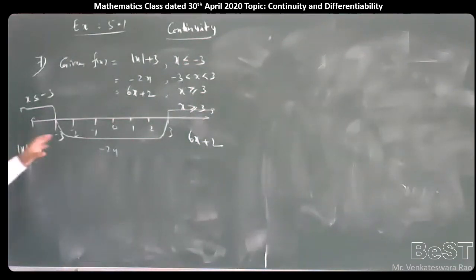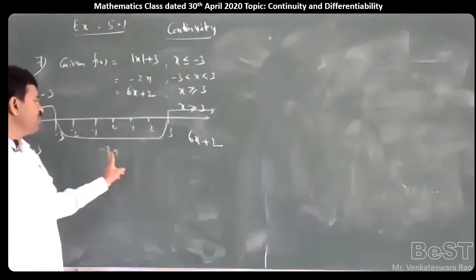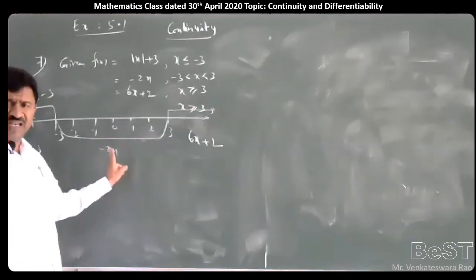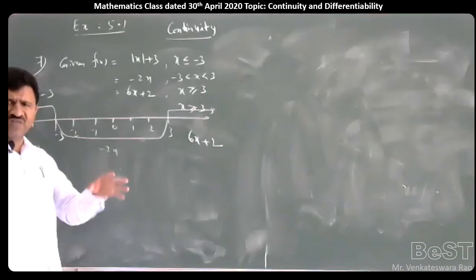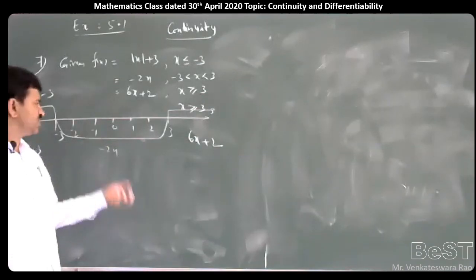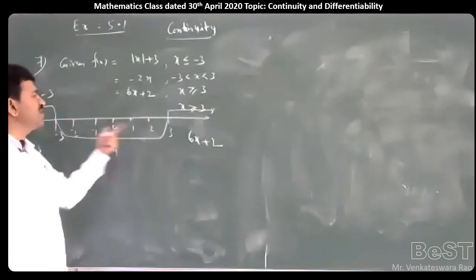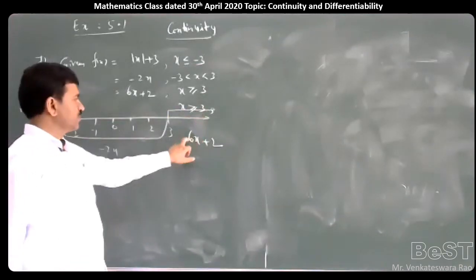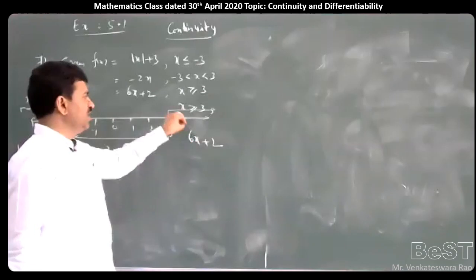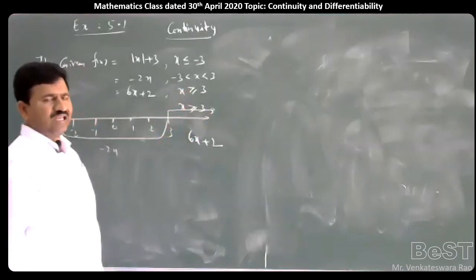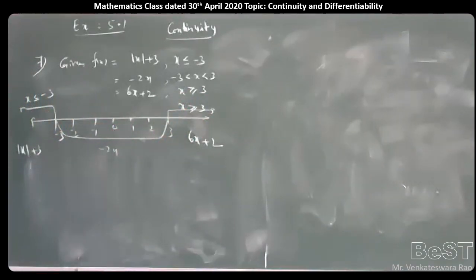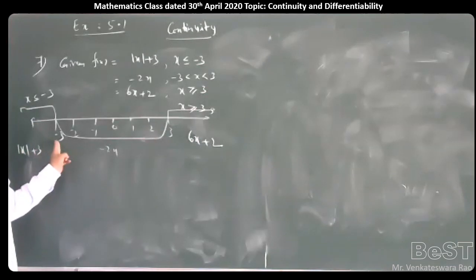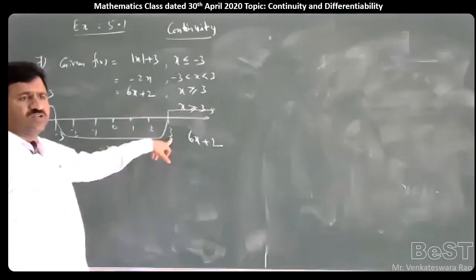Next, in between minus 3 and 3, minus 2x is a linear function, and a linear function is always continuous. Next, when x is greater than 3, 6x plus 2 is a linear function, also continuous. We only have doubt at 2 points: one at minus 3, another at x is equal to 3.